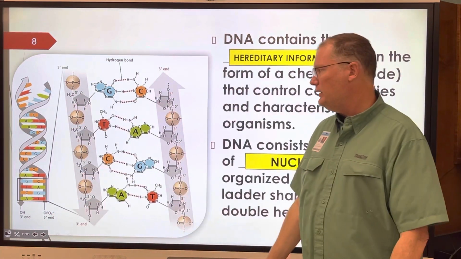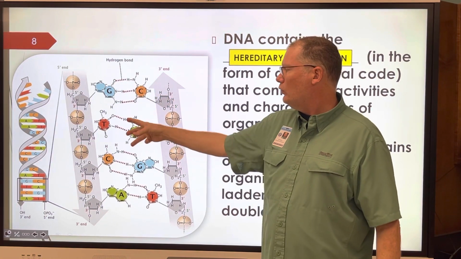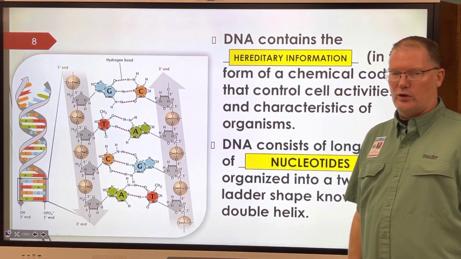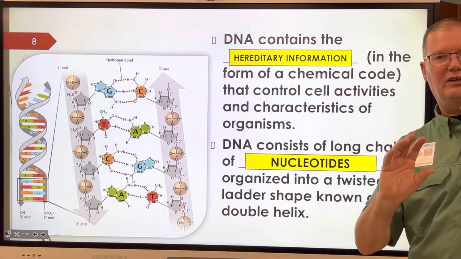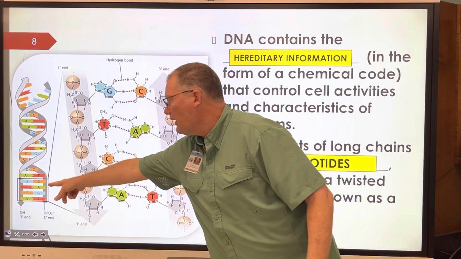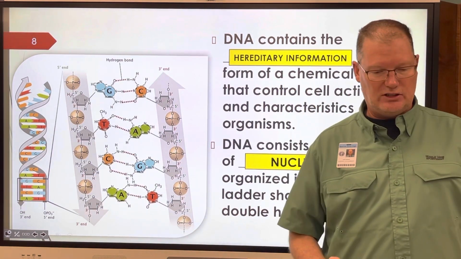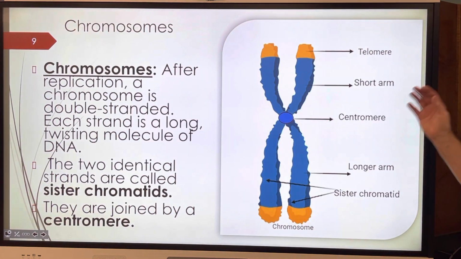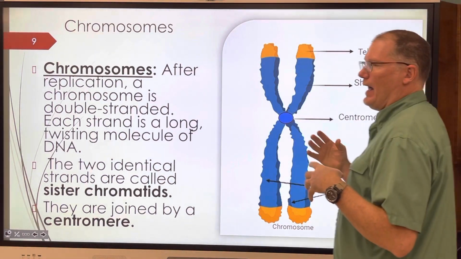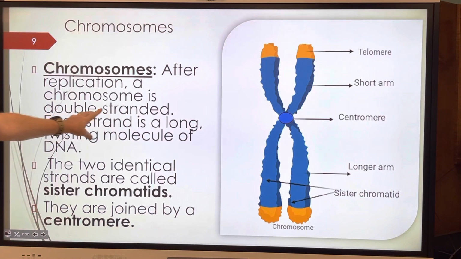This double helix of a chain, these are your hydrogen bonds holding together the subunits, the nucleotides, organized into a twisted ladder. If you took a ladder like that and you twisted it, that's the organization of a DNA molecule. Chromosomes are the tightly wound up DNA strands like this. They look like that.